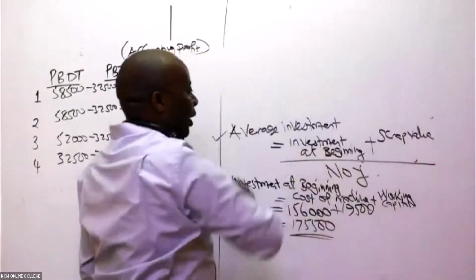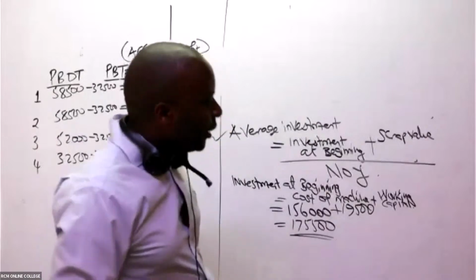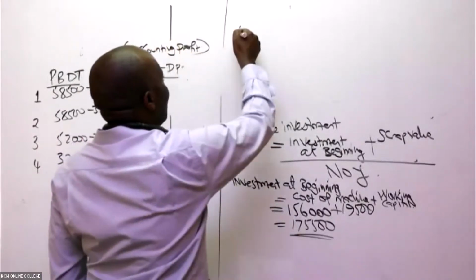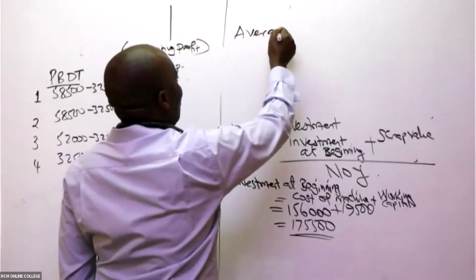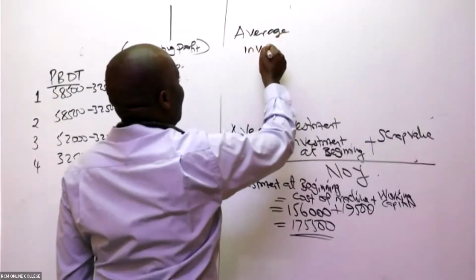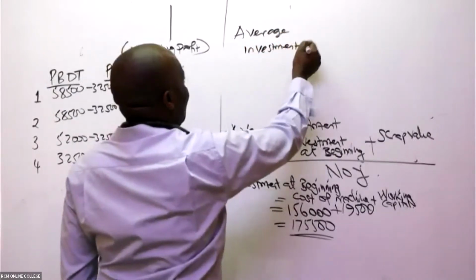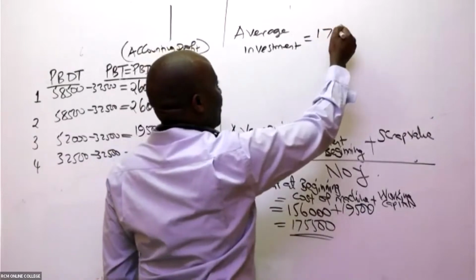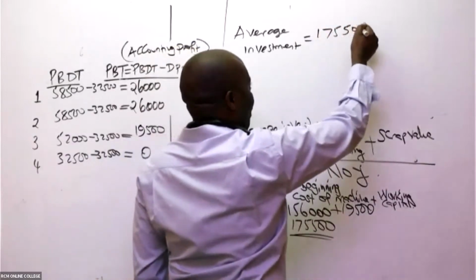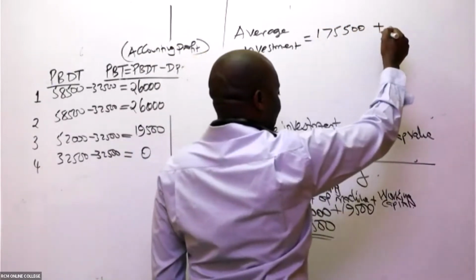Now you'll be able to give us our average investment. So if you do this, 175,500, we add the scrap value.